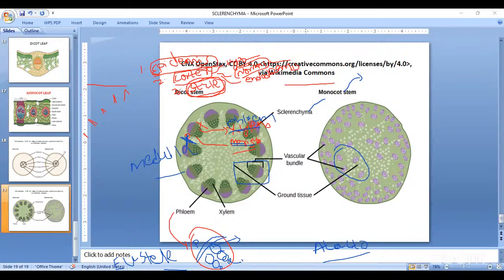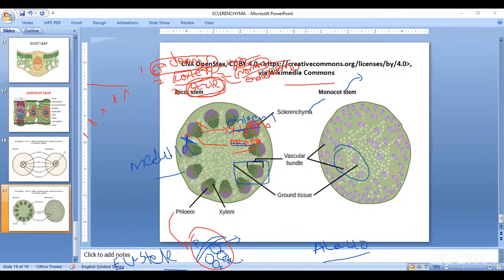The ground tissue is separated into stele and extrastelar tissue in dicot. Stelar and extrastelar tissue are not separated in monocot. And another important point, the dicot stele, already told you, is eustele.